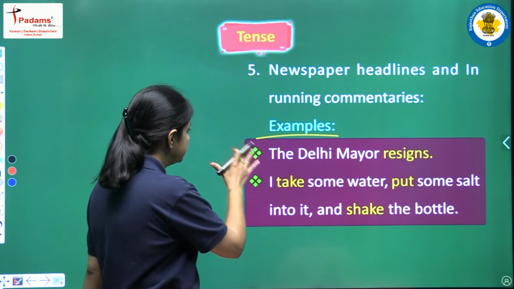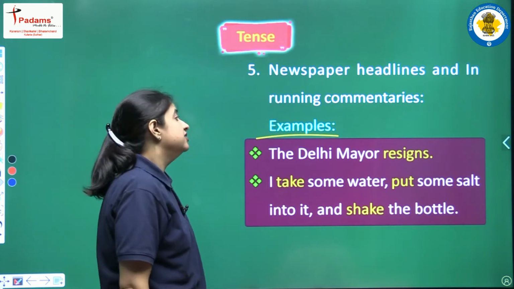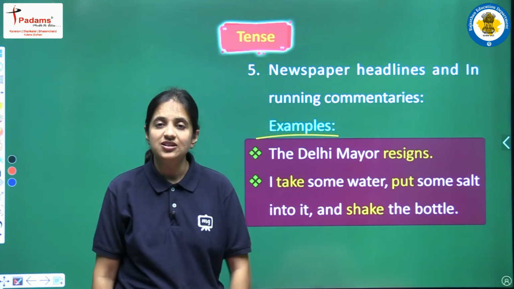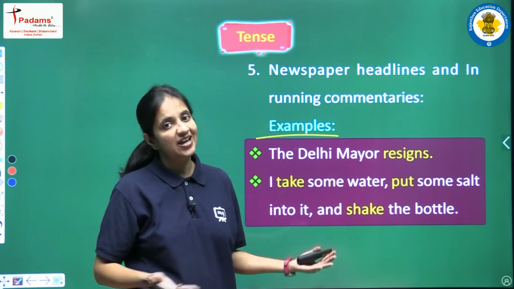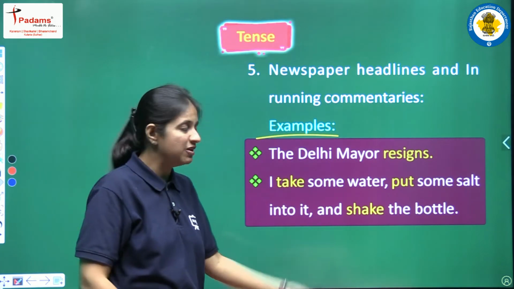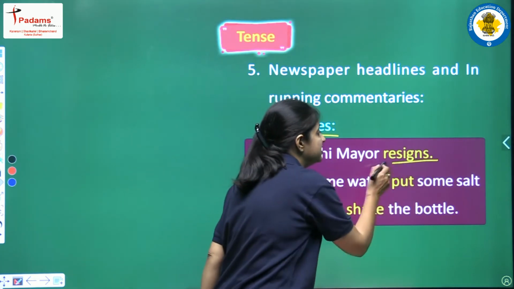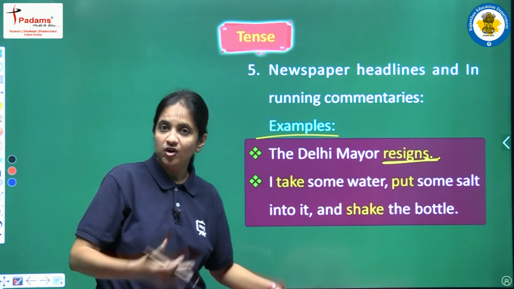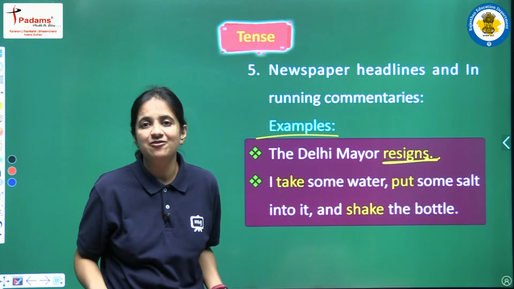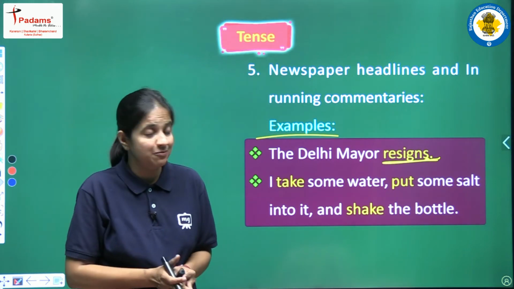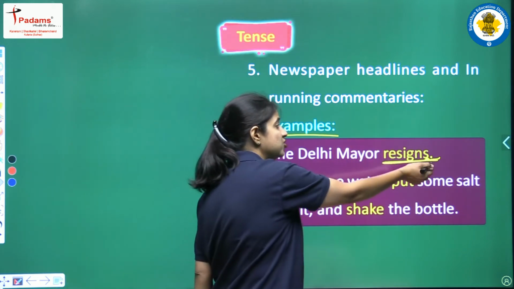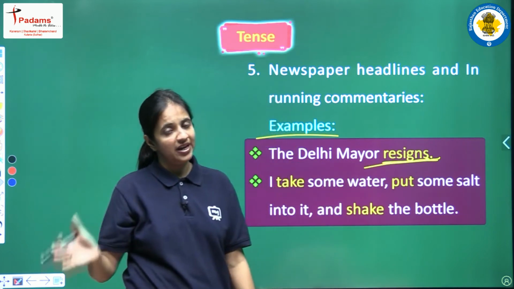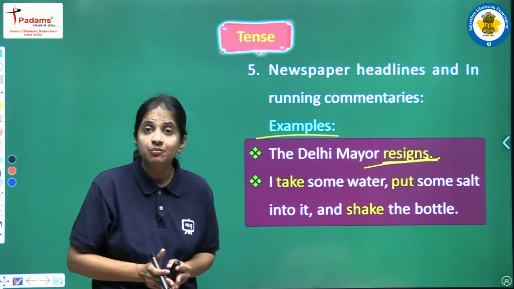The first example is "The Delhi mayor resigns." Suppose this is a newspaper headline that we are reading. We have resigns, which means first form plus s or es. This is a positive sentence, so we do not have do or does, no helping verb, and we have s or es with the first form of the main verb.